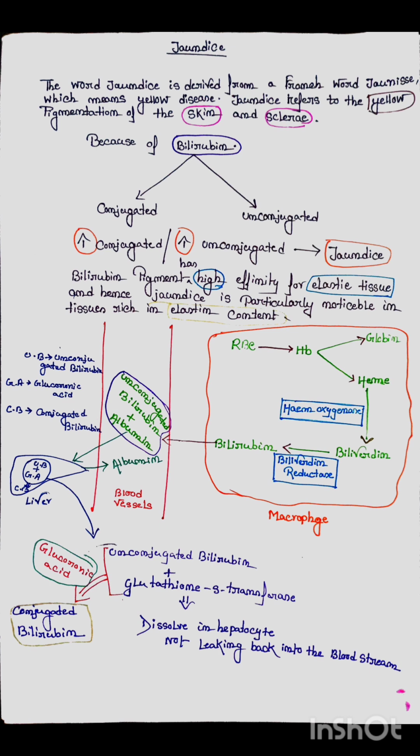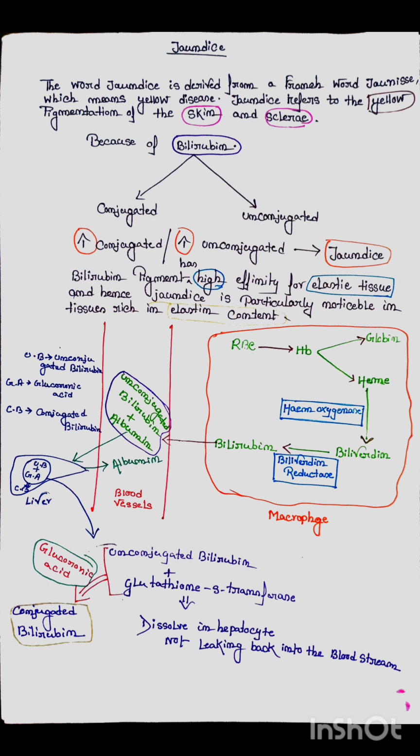After that, when this unconjugated bilirubin with albumin comes into the liver, the unconjugated bilirubin is taken up by the hepatocyte and the albumin is returned to the circulation.